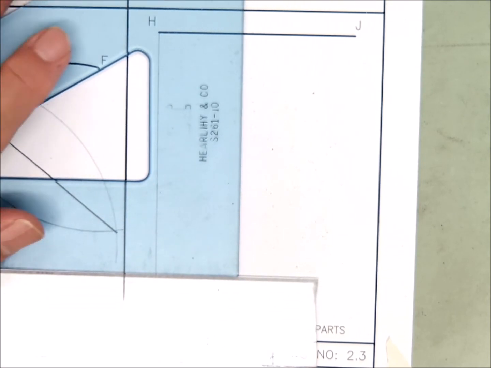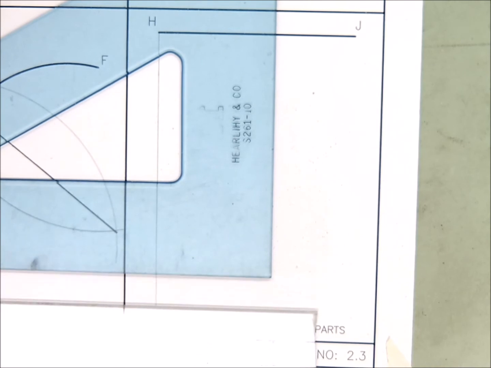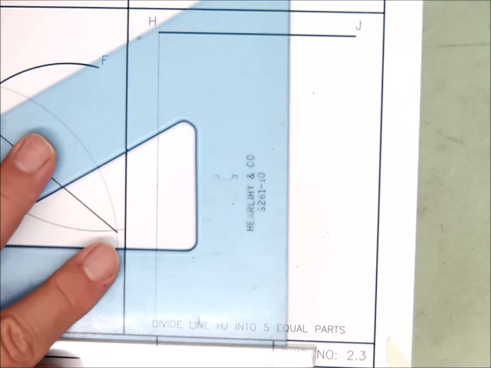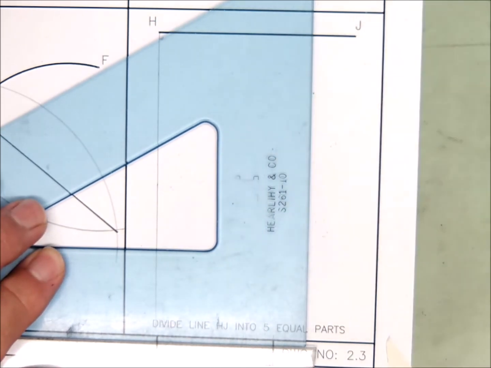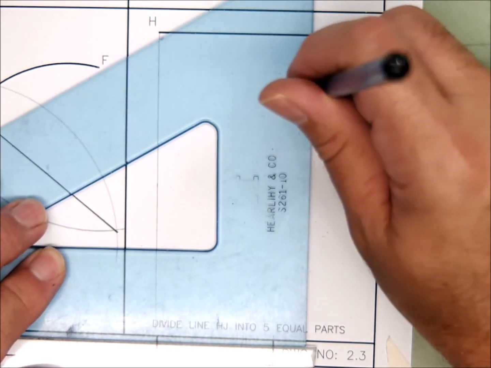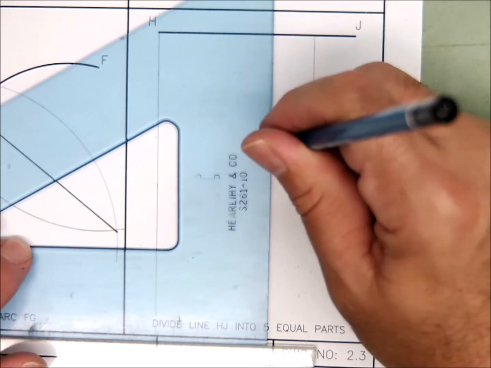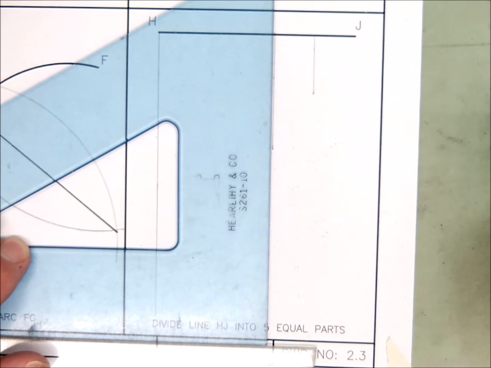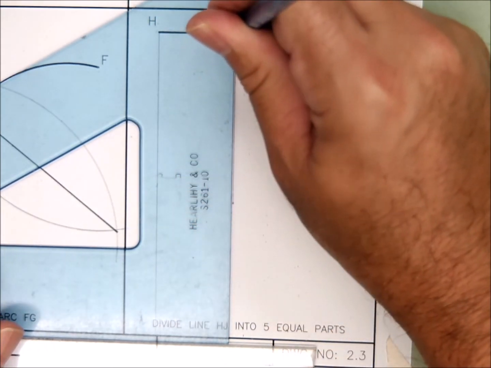Okay, and now we're going to take our triangle and put it back on top of the blade of the T-square. And we'll slide it down until we get to our first dot, and then lightly draw a line up. And we'll go to our second dot, and lightly draw a line up. We'll go to our third dot, and lightly draw a line up.